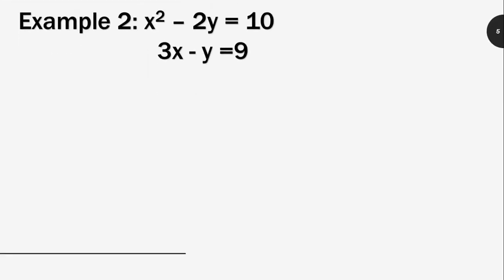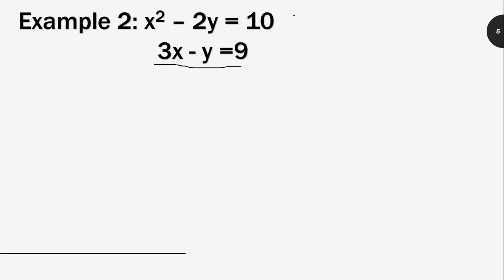Example number 2, we have 2x squared minus 2y is equal to 10, then 3x minus y is equal to 9. Again, look at the variable po na ang numerical coefficient ay 1, and then the exponent is 1 as well. Okay po, nasa equation number 2.